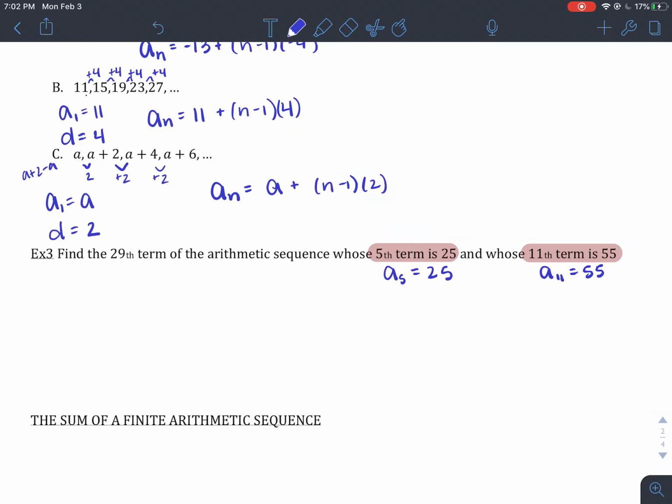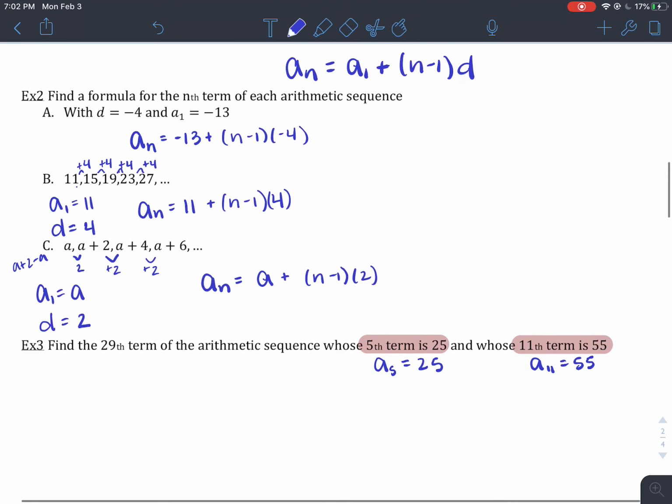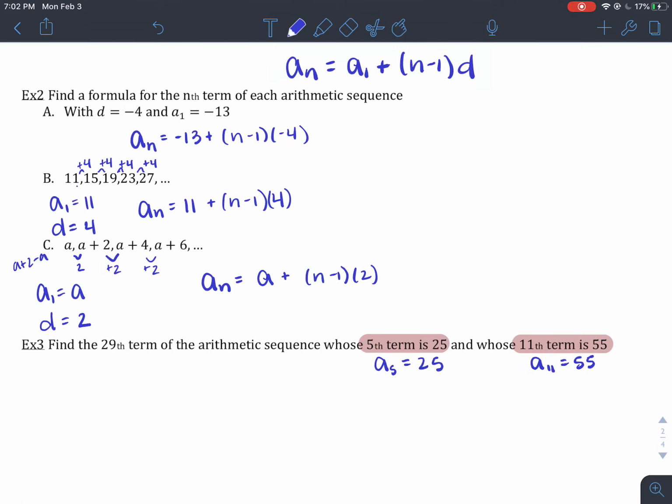So in order to do that, we need to write a system of equations. We're going to use that a sub n formula from up above, and we're going to write it twice. One where n is 5 and one where n is 11. If n is 5, we already know that a sub 5 is 25.